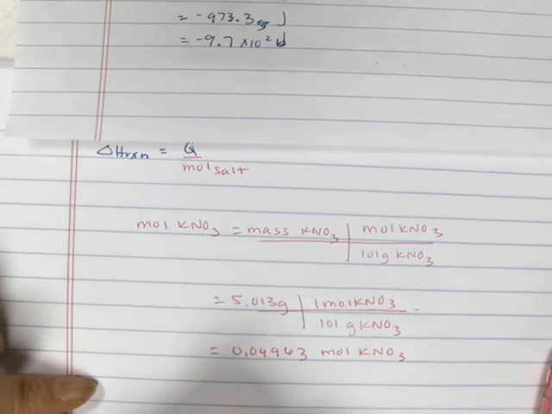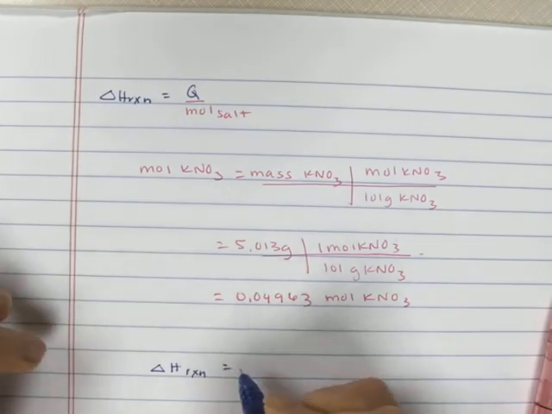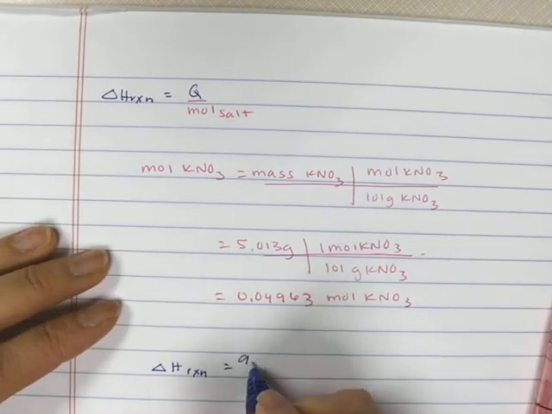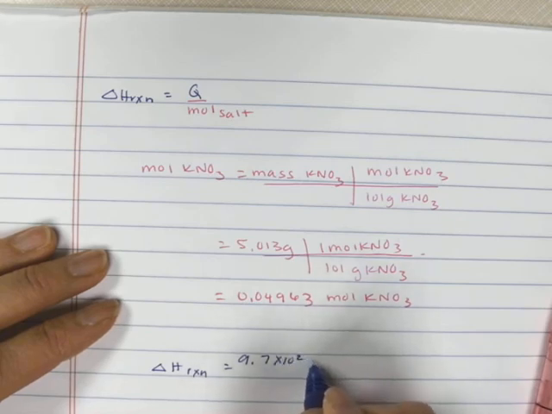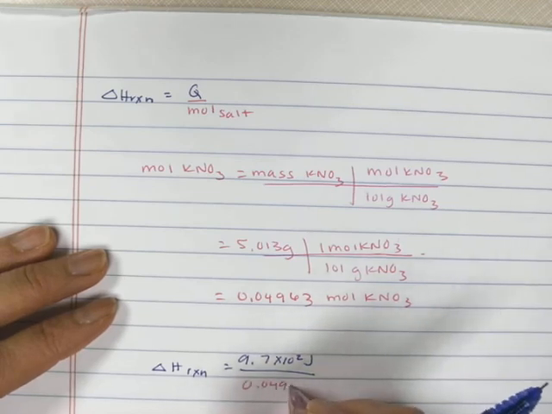So my delta H reaction equals 9.7 times 10 to the second joules for 0.04963 moles.